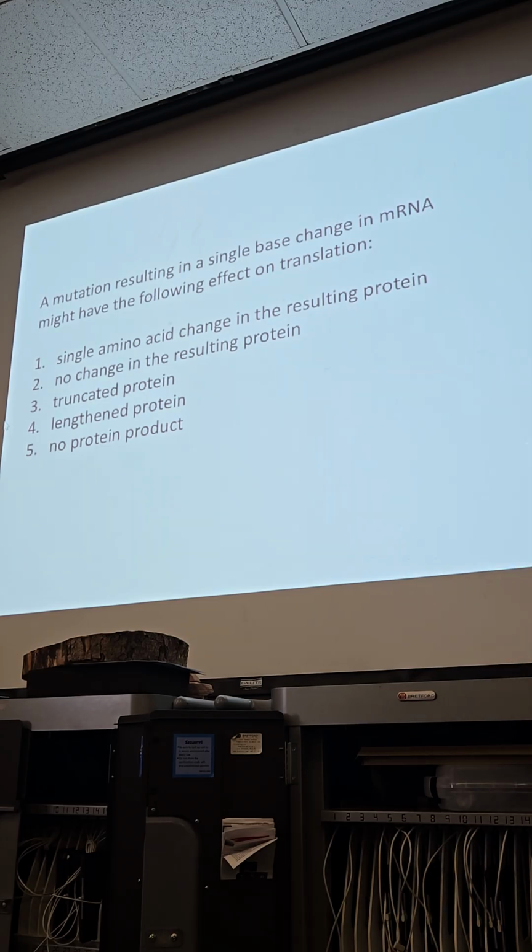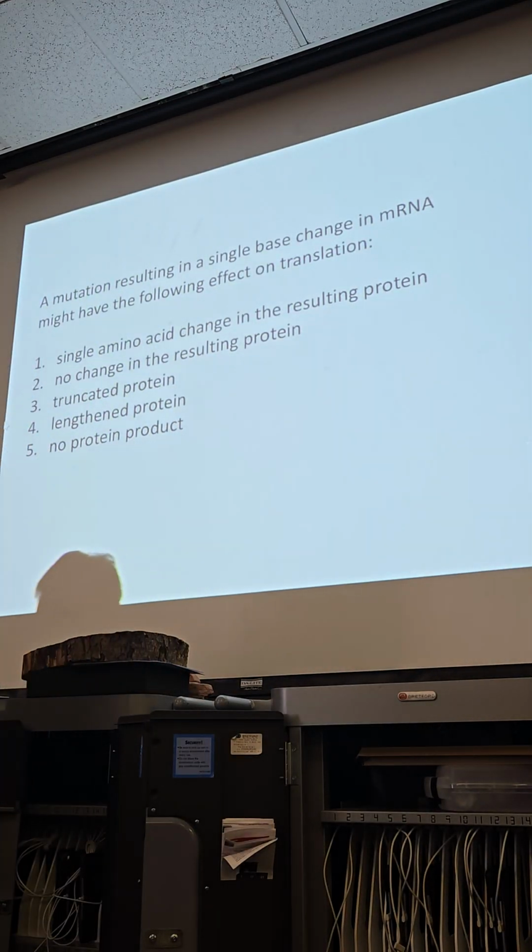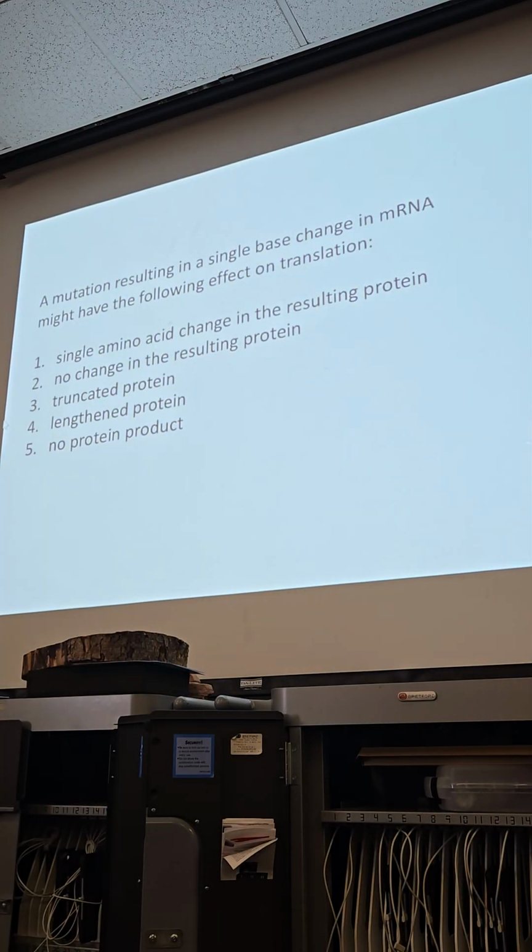It is truncated. So 3 is also true. You go from UAA to UAC, and now it is longer. There we go. 4 is also true. You go from AUG to AUA. Never starts reading. So all of them are true. You got it.